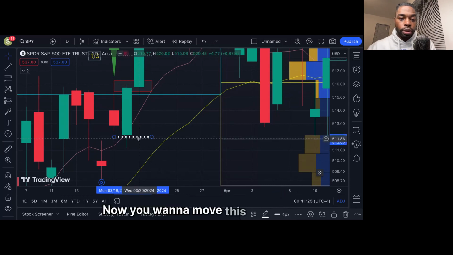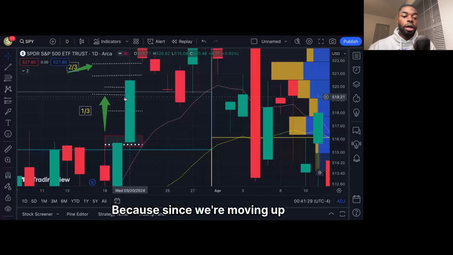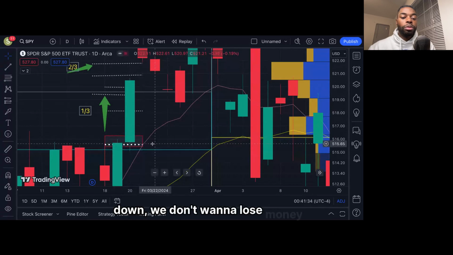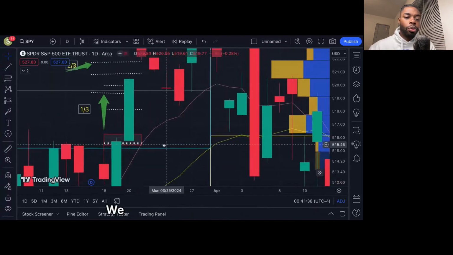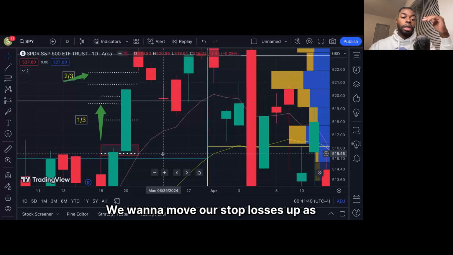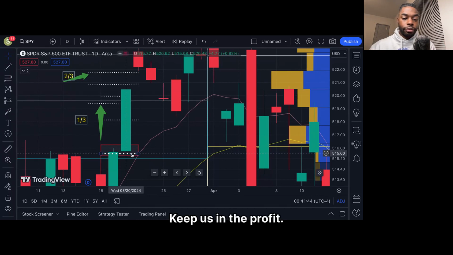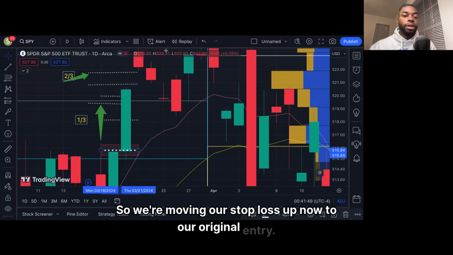Now you want to move this stop loss to where the entry was, because since we're moving up and making money, if this starts to come back down, we don't want to lose money all the way back to this previous stop loss. We want to move our stop losses up as price is moving up, to keep us in the profit. So we're moving our stop loss up now to our original entry.